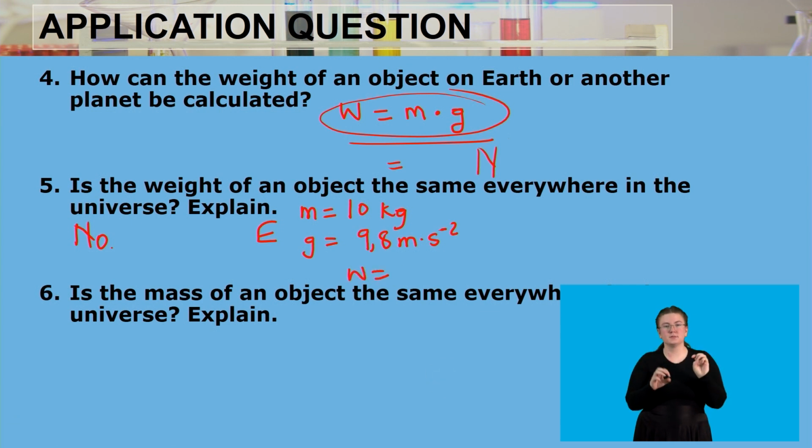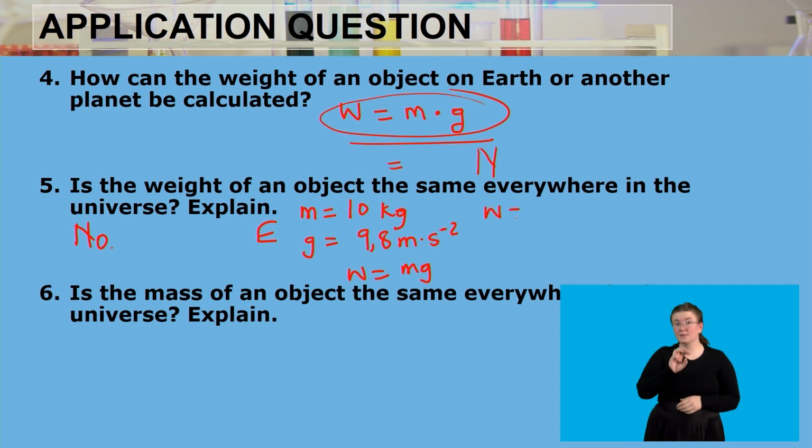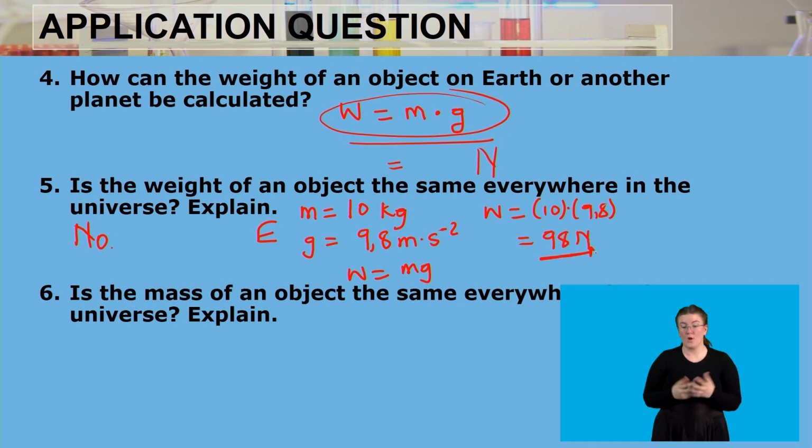W is equal to mg. So W is equal to the mass 10 multiplied by the gravitational acceleration 9.8. When we multiply 10 times 9.8, we get 98 newtons. So the weight of this object here on Earth will be 98 newtons. But take the very same object with the very same mass to a different planet.